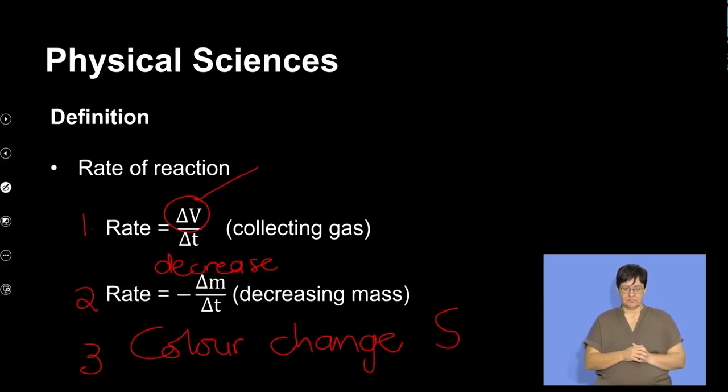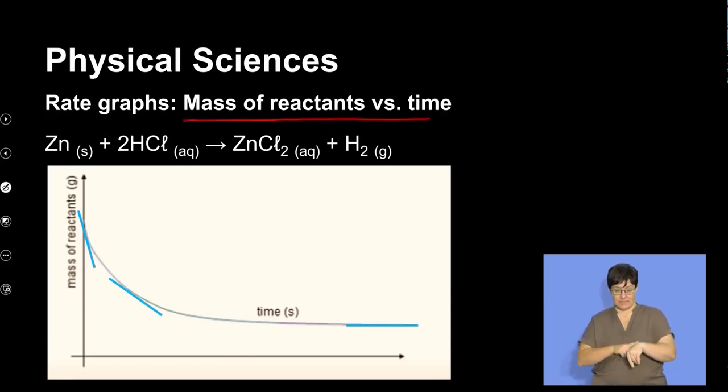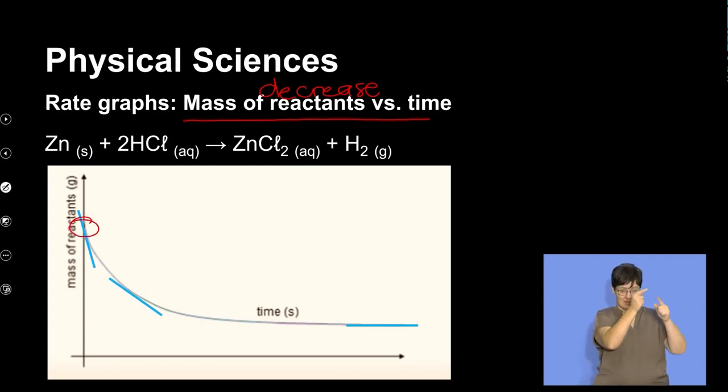So our first graph is all about the mass of the reactants versus the time. I need to remind you that because of this decrease in mass, we start off at a high mass because at the beginning there is lots of reactant.